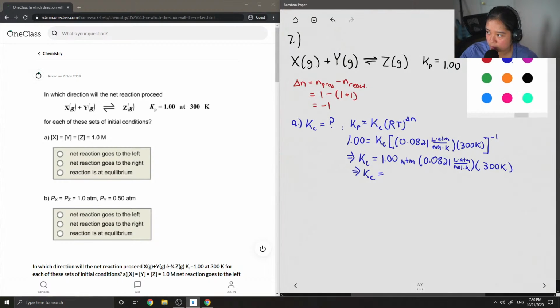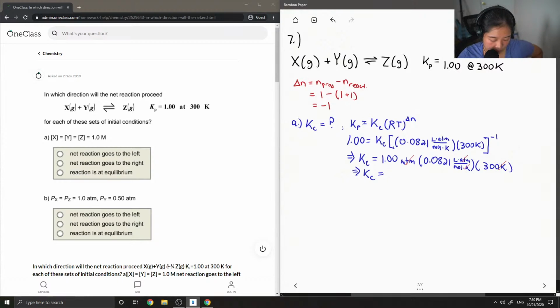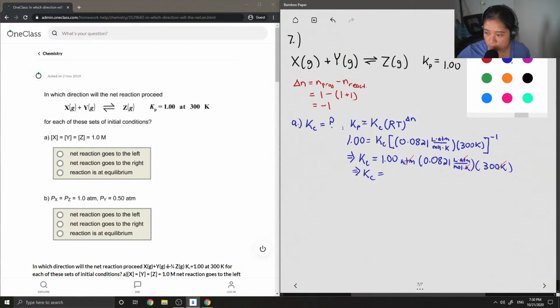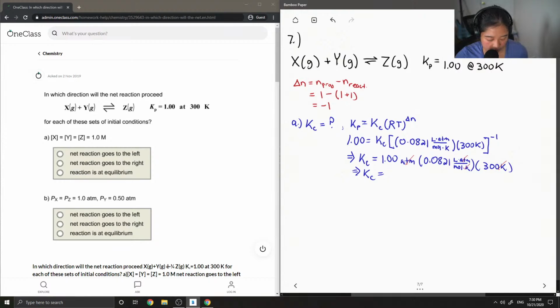Okay, so you'll see our atm cancels out. And the Kelvins cancel out as well. Then our Kc value is then equal to 24.63 at equilibrium.